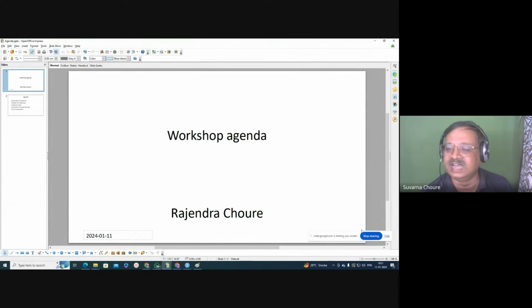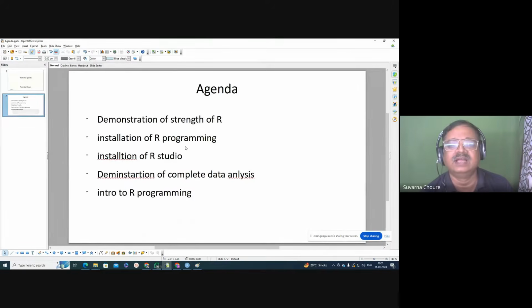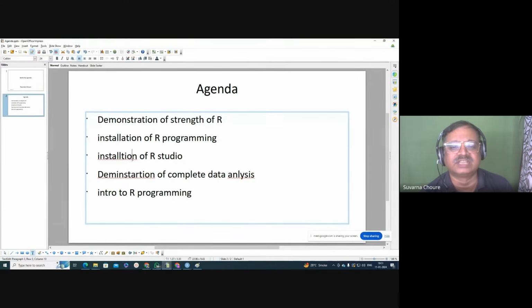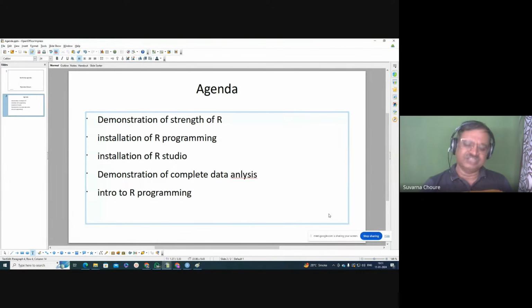My name is there. Dates got added there. And here that installation, that spelling mistakes I can correct here. Installation, demonstration. And this is my presentation. That initially I will go for demonstration of strength of R, installation of R programming, installation of R Studio, demonstration of complete data analysis, and introduction to R programming.